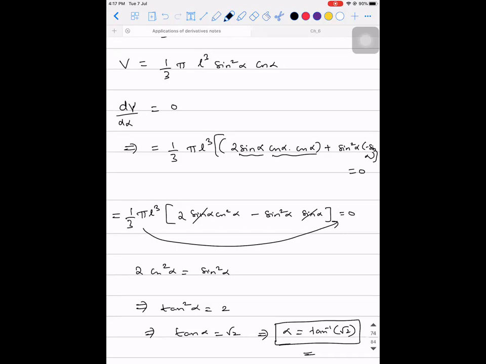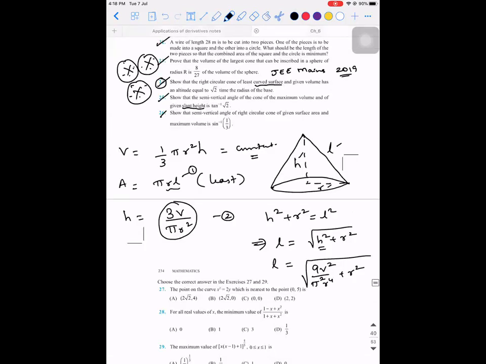Got it? Yes, sir. See, second derivative test part, don't forget. We'll do the next one.